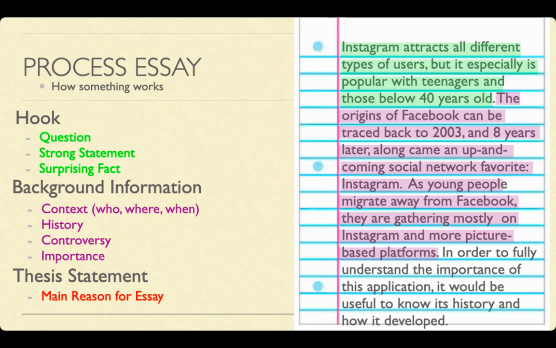As young people migrate away from Facebook, they're gathering mostly on Instagram and more picture based platforms. And then, of course, the thesis is here. In order to fully understand the importance of this application, it would be useful to know its history and how it developed.